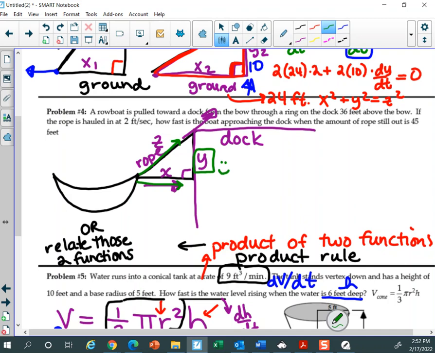You also need one of these, and you can grab it on your way out, which is the homework problems. So this is your related rate practice.